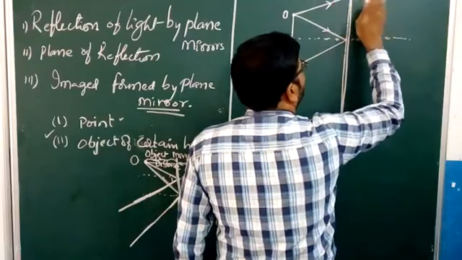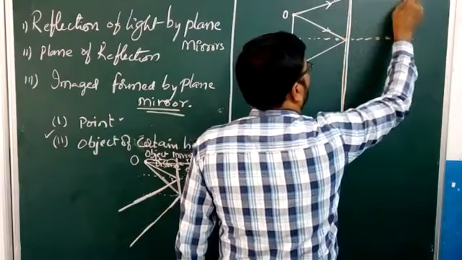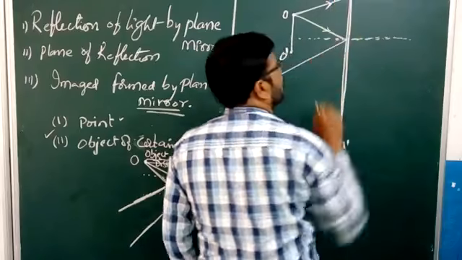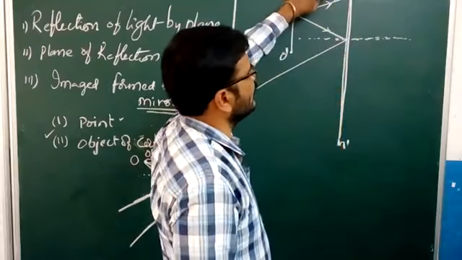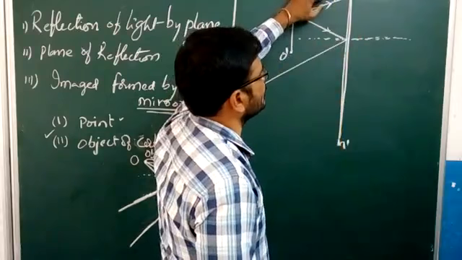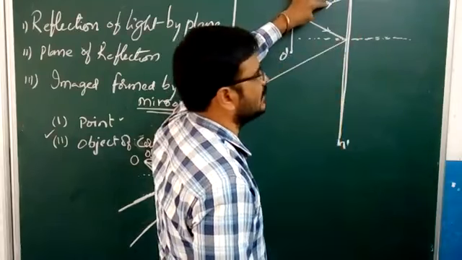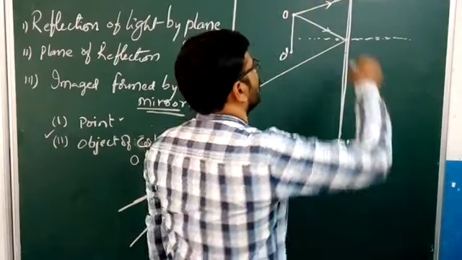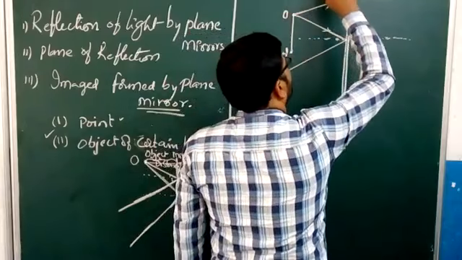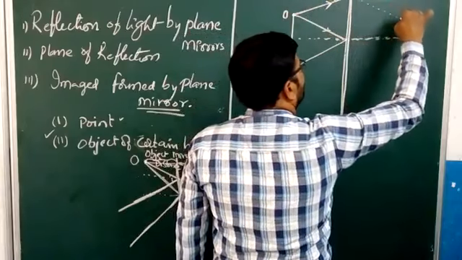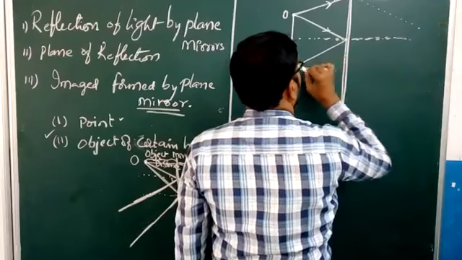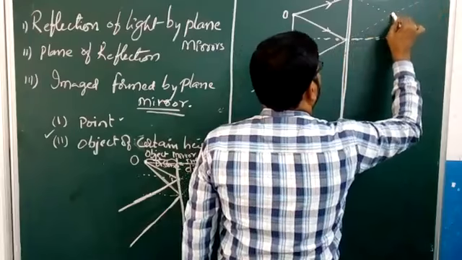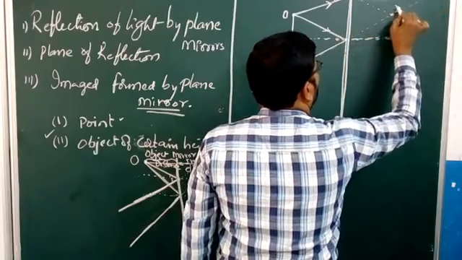This ray is the normal drawn at this point. After drawing the normal, you can go for the reflected ray, making the same angle. How much angle this normal and this line is making, with the same angle you can draw. Now this ray will be extended backward like this, and this ray will be extended backward like this, and this becomes your eye.